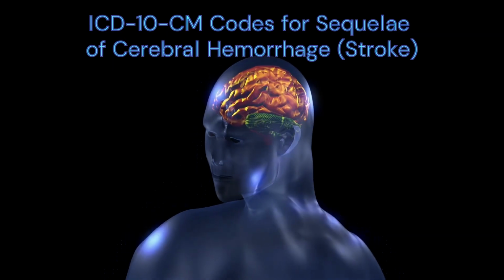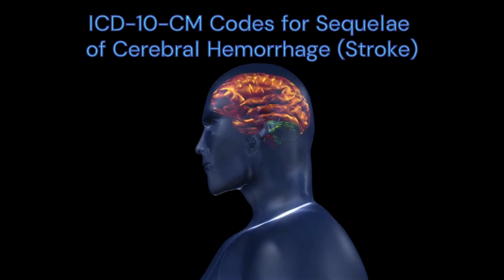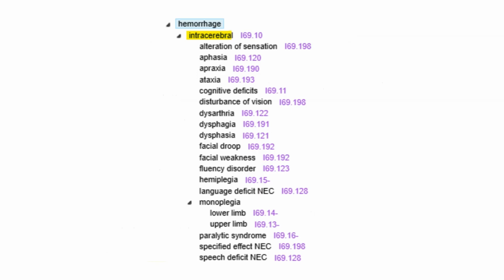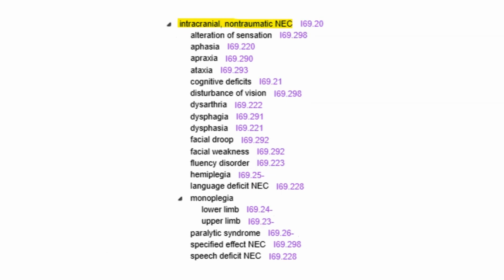Simply locate the term sequelae in your code books or other coding assistant software illustrated here. Next, you're going to look for the term hemorrhage, followed by the type of hemorrhage. You will choose either intracerebral, intracranial, or subarachnoid based on the documentation.